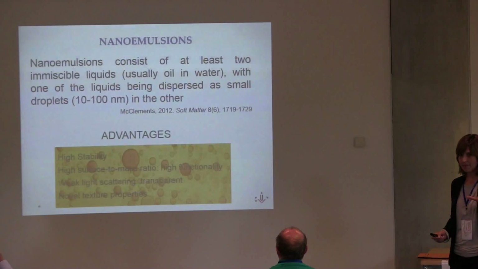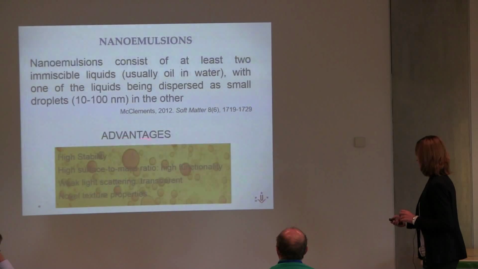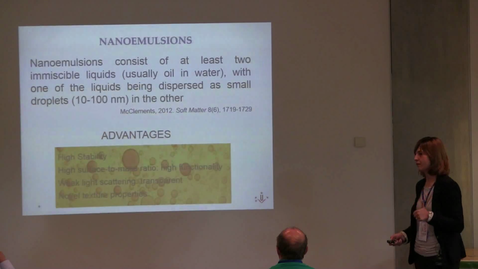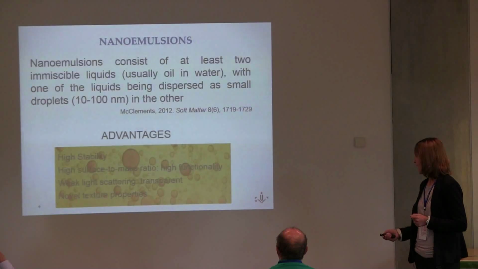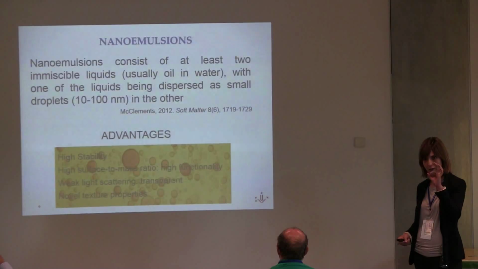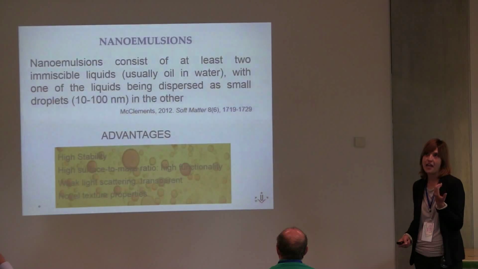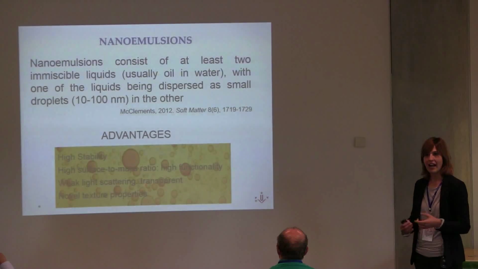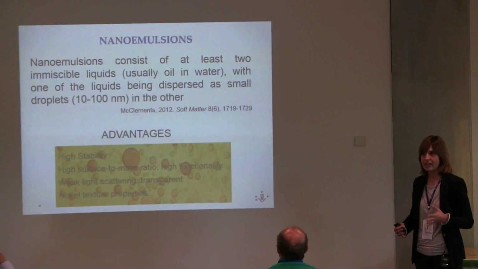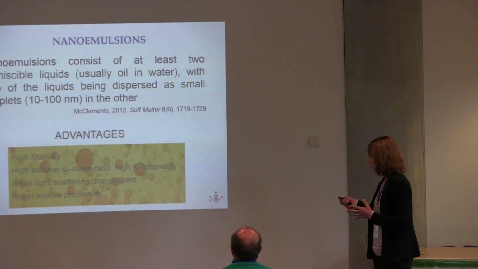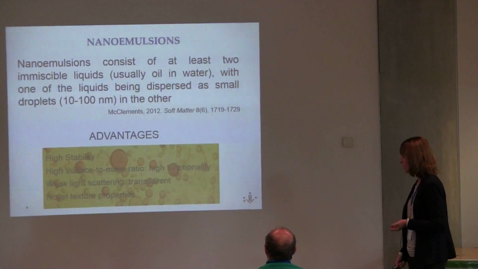The potential advantages of nanoemulsions. You have one of the most common advantages, the high stability. We will increase the stability of the nanoemulsions. High surface to mass ratio. It means that if we reduce the size of the nanoparticles, then we will be able to improve lipase activity, for instance, the digestion, and then also the functionality of these compounds.